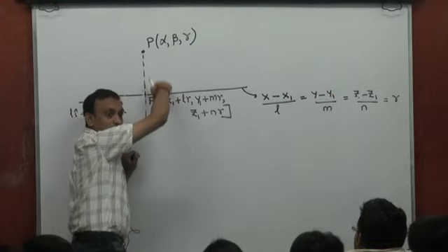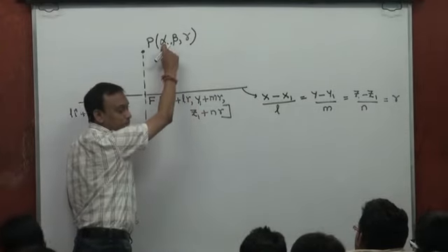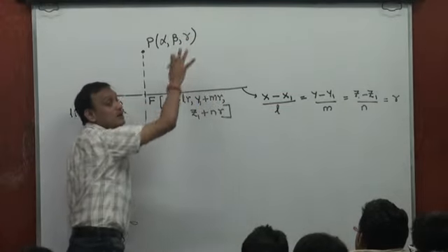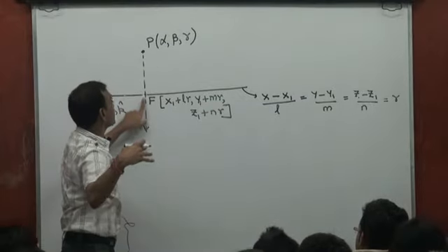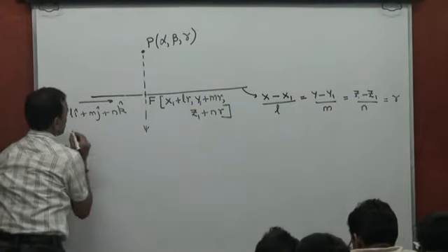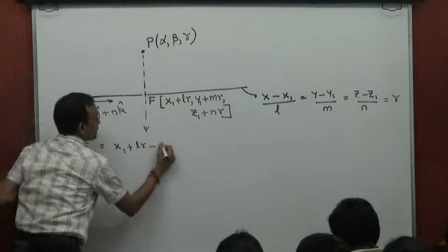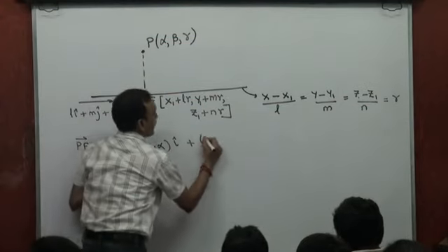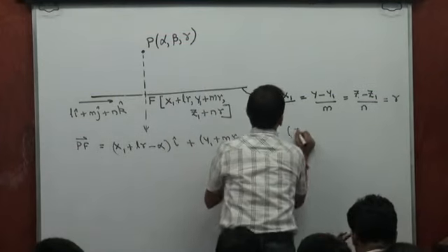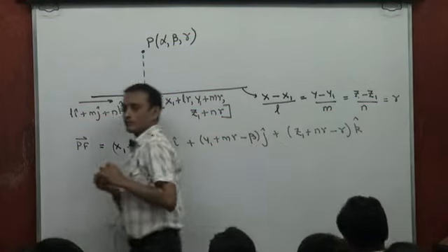That means the vector PF would be the position vector of F minus the position vector of P. So the vector PF is (x1 plus lr minus alpha) i cap, (y1 plus mr minus beta) j cap, (z1 plus nr minus gamma) k cap, right?